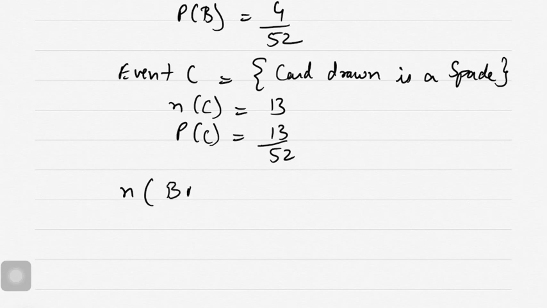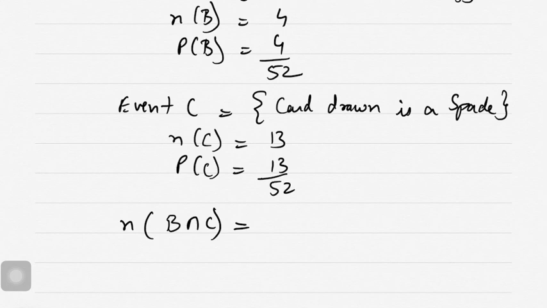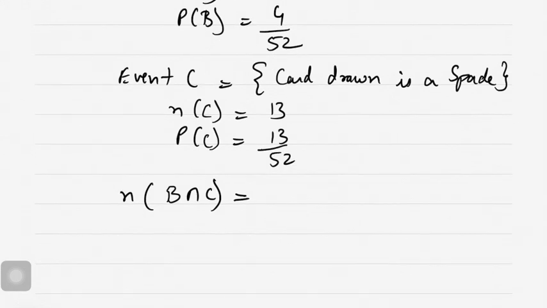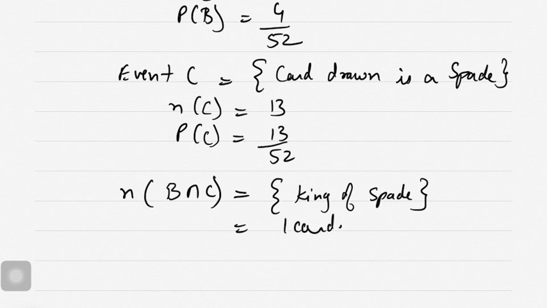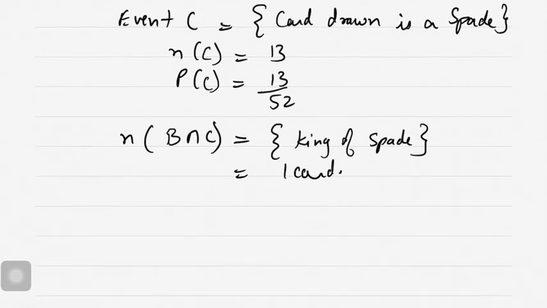Now my intersection, which is n of B intersection C, that means common card, which is B as well as C, which is spade as well as king. There is only one card, right? That is king of spade. This is the one card.